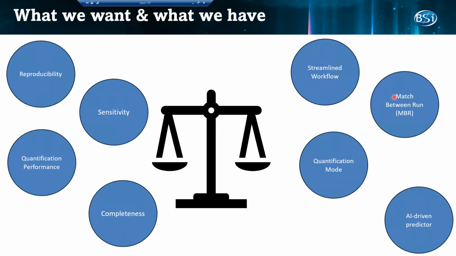Before, the match between runs was only in the RFQ steps, so now we move it to the identification steps to increase the data reproducibility. We also have new options for the quantification mode: whether you want to quantify more, or quantify more accurately. And we have upgraded our AI-driven prediction to predict more peptides or use less time.